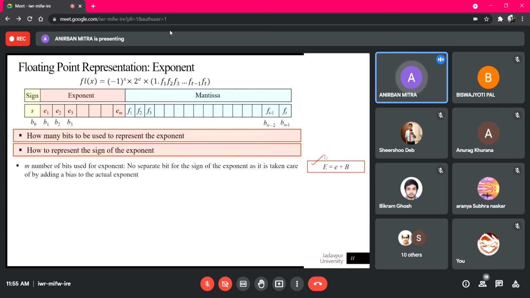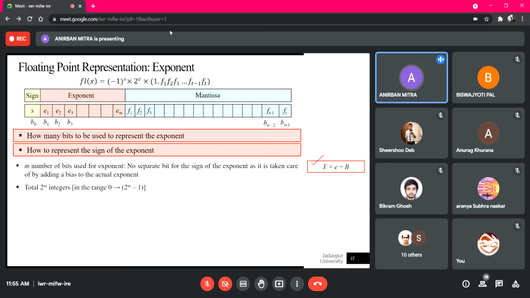Now if we have m bits for representation of the exponent, how many numbers can we represent? We have a total of 2 to the power m integers. The range starts with 0, that corresponds to all zeros in the exponent, all the m bits being 0.